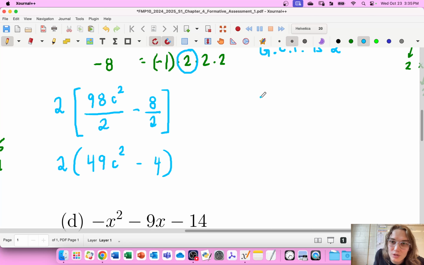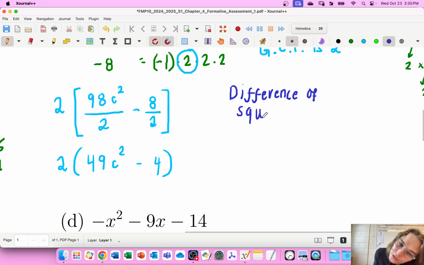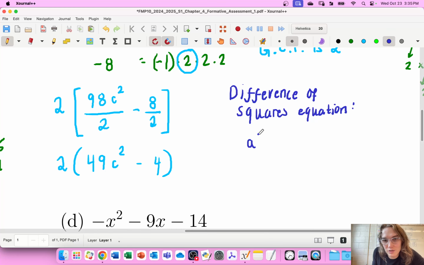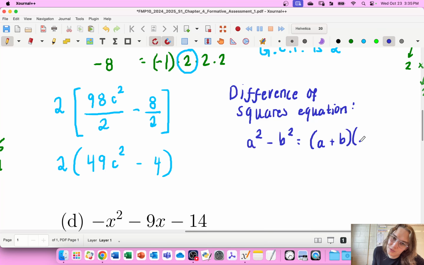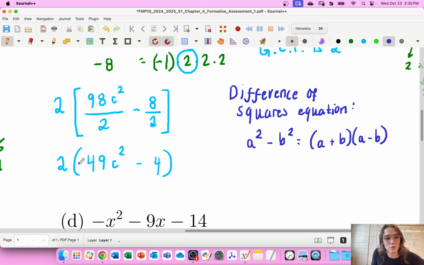It looks like I can use the difference of squares equation. The difference of squares equation is a squared minus b squared equals a plus b times a minus b. So basically, anytime we see something squared minus something squared, we know it can work out like this.